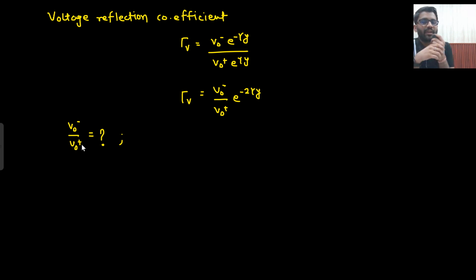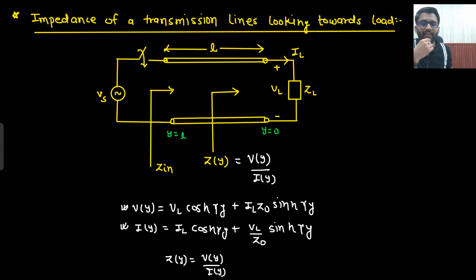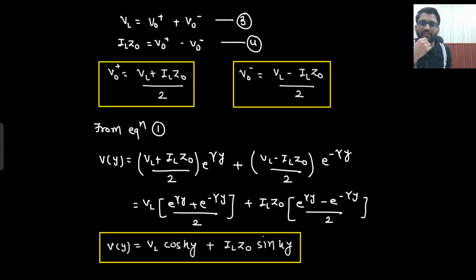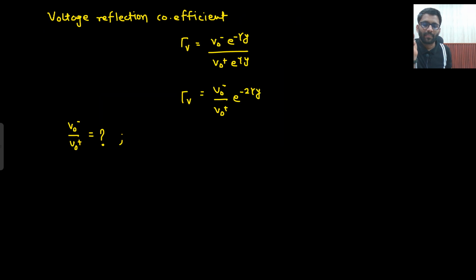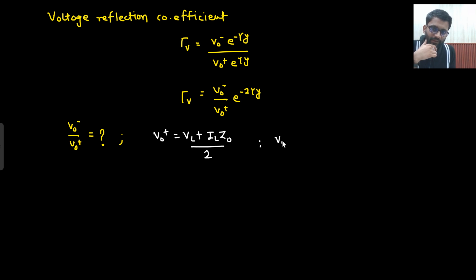Now what is the value of V naught minus and V naught plus? Did we derive anything like that? V naught plus is VL plus IL Z naught divided by 2, and V naught minus is VL minus IL Z naught divided by 2.